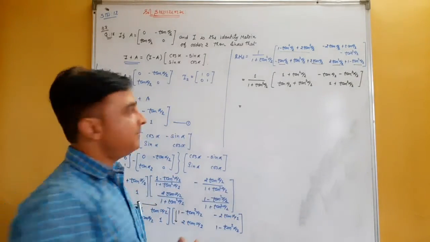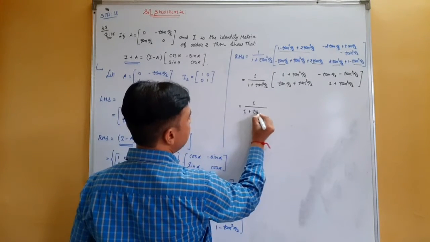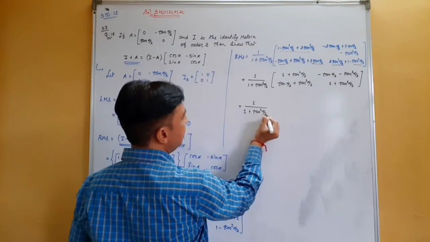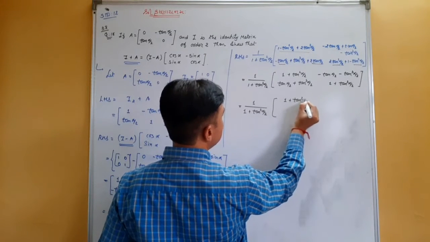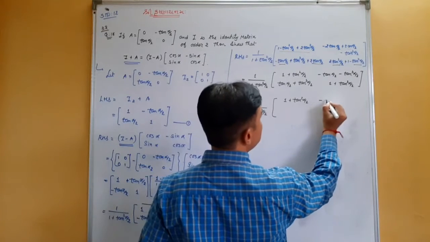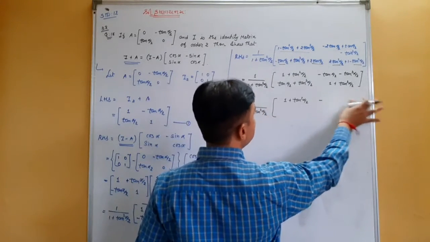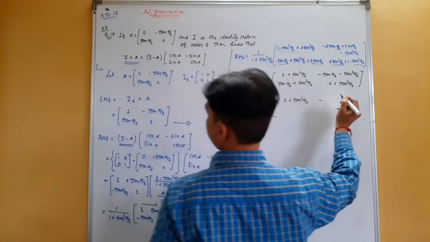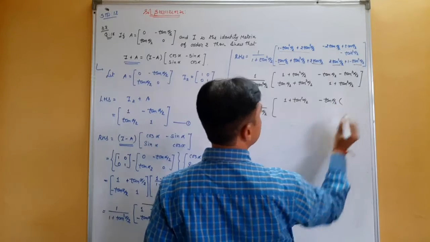Now we can simplify it. See, 1 plus tan square alpha by 2. Here 1 plus tan square alpha by 2, minus 1 common. Sorry, minus tan alpha common. We need minus tan alpha by 2.